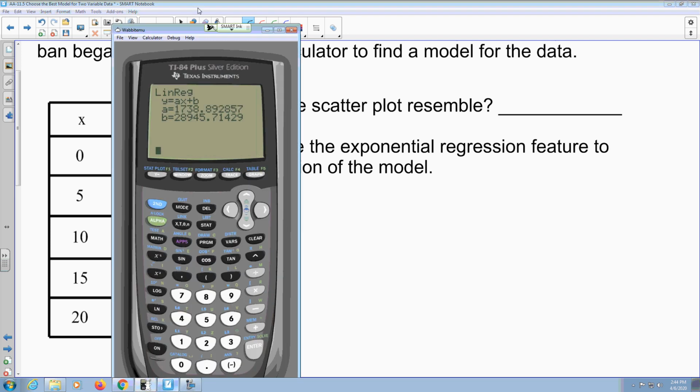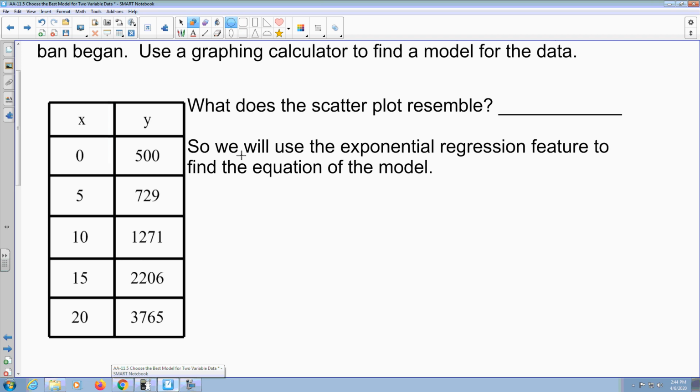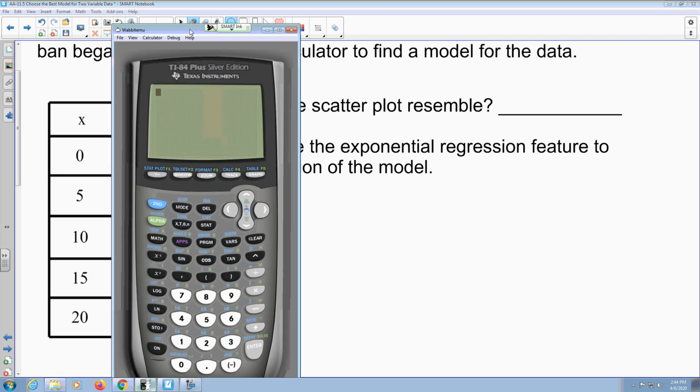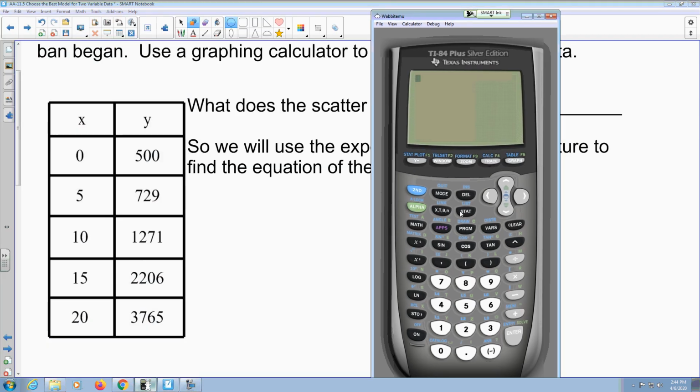So again, I'm just going to clear this. Let's go back to stat. We're going to go to edit. I'm going to delete the stuff that I just created in L1 and L2, and we'll get whole new data.